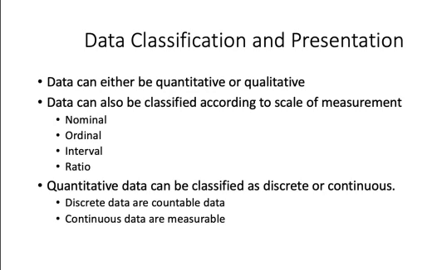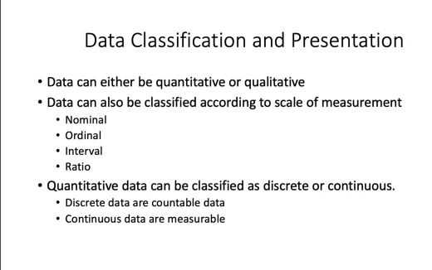And data can also be classified, quantitative data that is, can also be classified as discrete or continuous. Discrete data are those that are countable. We count them. Continuous data are those that we measure, so they are measurable.